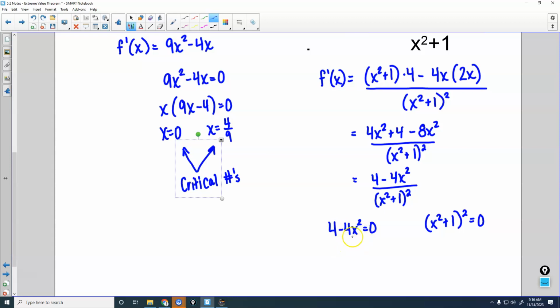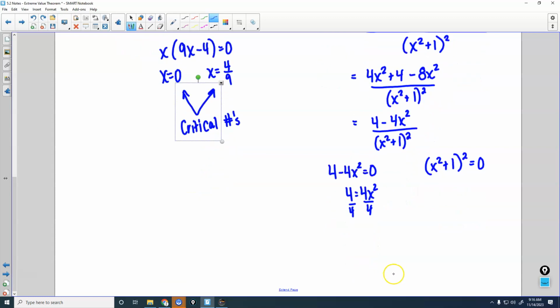So if I solve this first one, I'll just have 4 equals 4x squared. I will divide both sides by 4. Here, I will get 1 equals x squared. And I will square root both sides. What will I get for my values there? Plus or minus 1. Very good. Don't forget that plus or minus when you square root both sides.